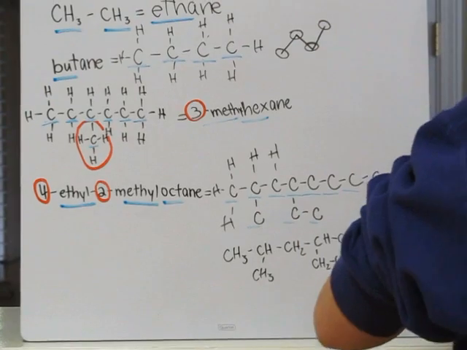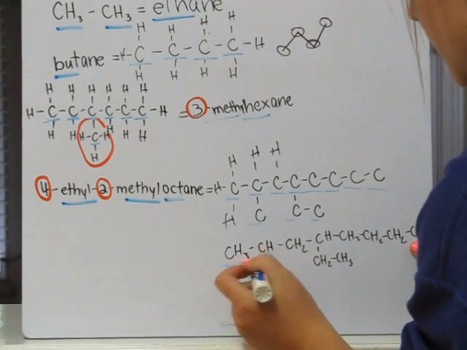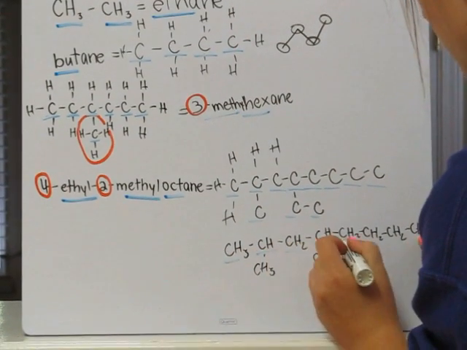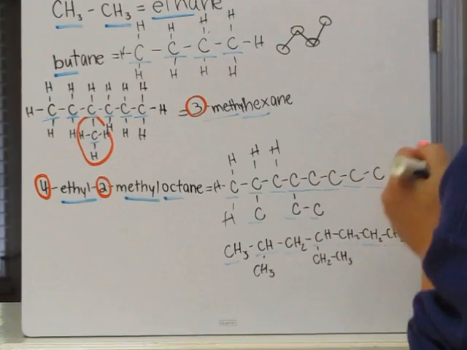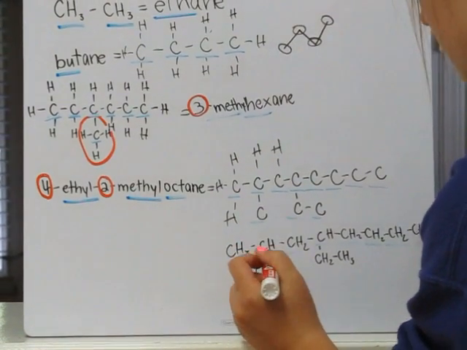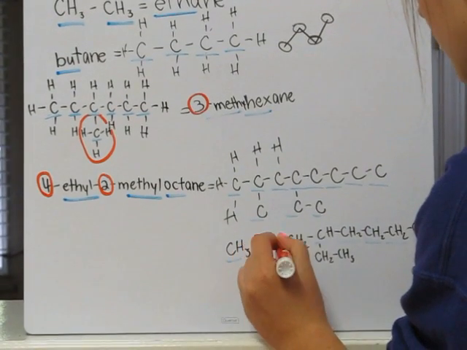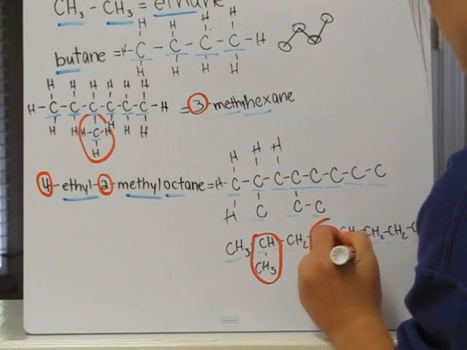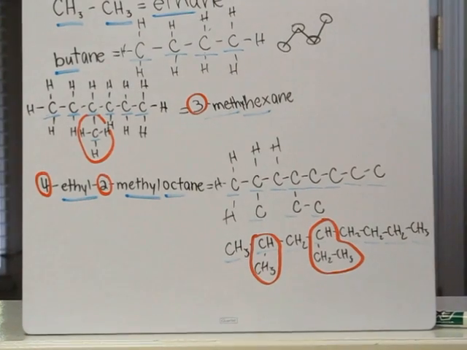And there you have your 1, 2, 3, 4, 5, 6, 7, 8 carbons. You have a methyl branch in the 2nd spot and an ethyl branch in the 4th spot. And that's examples for alkanes.